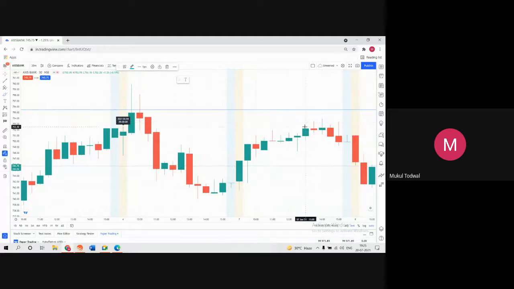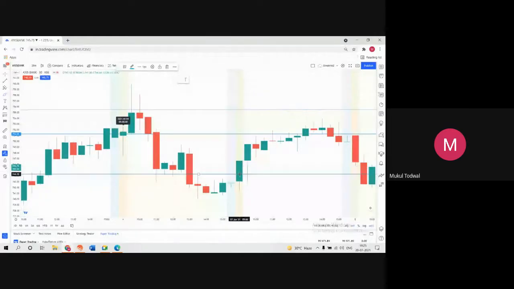And although, if you would have exited at this level also, and you would have entered the market at this level because of, say, AMOs and all these things, a very decent return of 1% you could have earned easily without any problem.